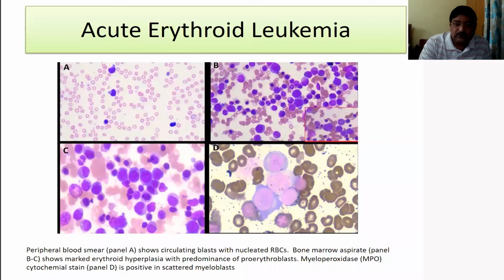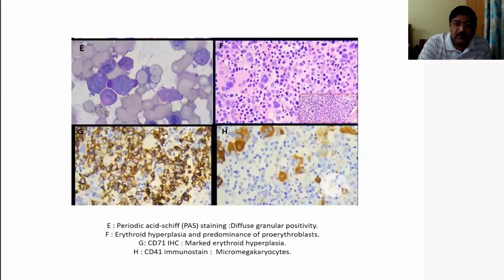Next one, please. Next. Here you see you have these blasts and you have this megakaryocytic proliferation, with many of them being micromegakaryoblasts, very small, but they are all megakaryoblasts, which will be more defined if you do the CD41 and 61 stains, which are nothing but glycoprotein antigens. Either they are glycoprotein 2B3A or 1B9, but CD41 and 61 are the markers for megakaryocytes.